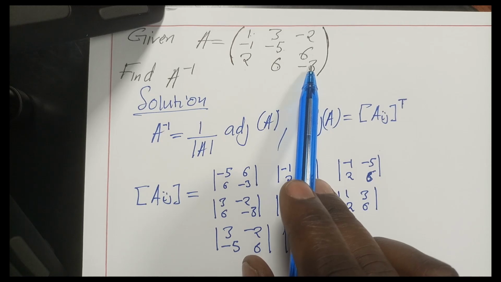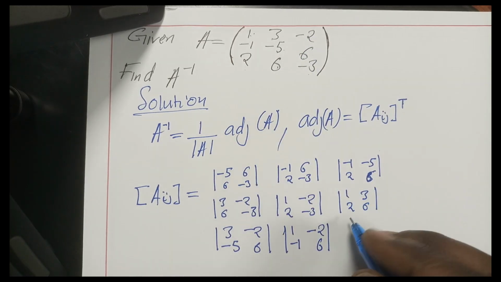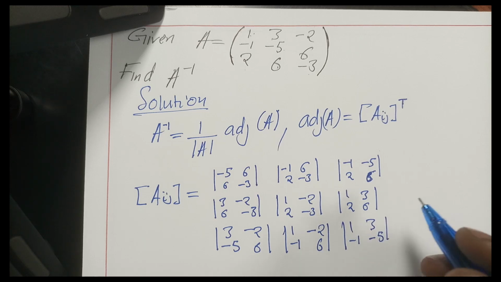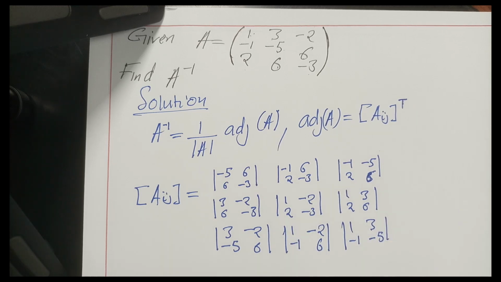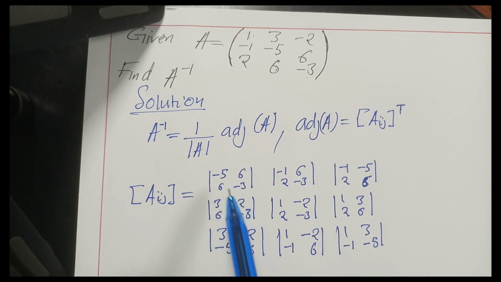So last element, delete this column and this row, we remain with 1, minus 1, 3, minus 5. Now for a matrix of cofactors, the cofactors are simply minors with given signs, either negative or positive.